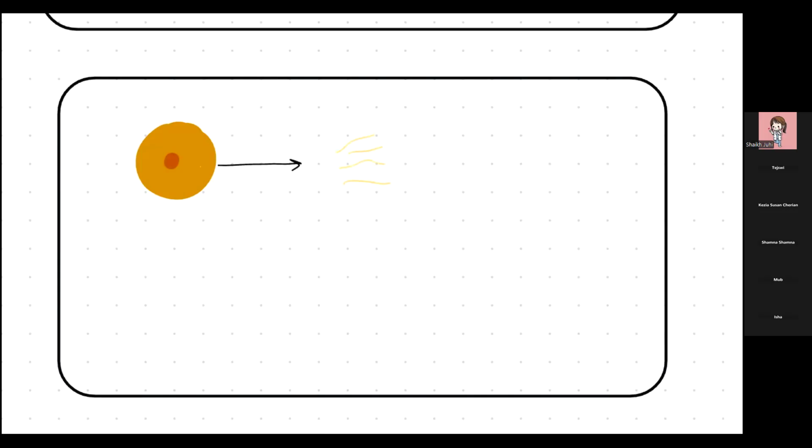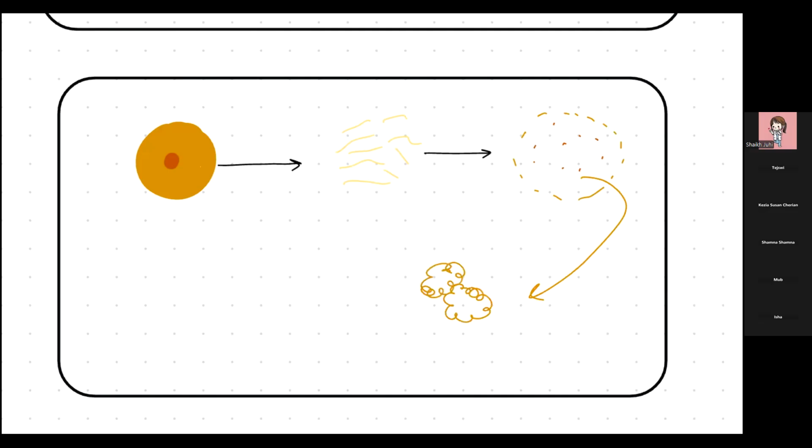Now these fibers will do what? They will start getting arranged, and the new hepatocytes will be coming under it, and then they will regenerate, and they will form what? Nodules. They will form nodules.